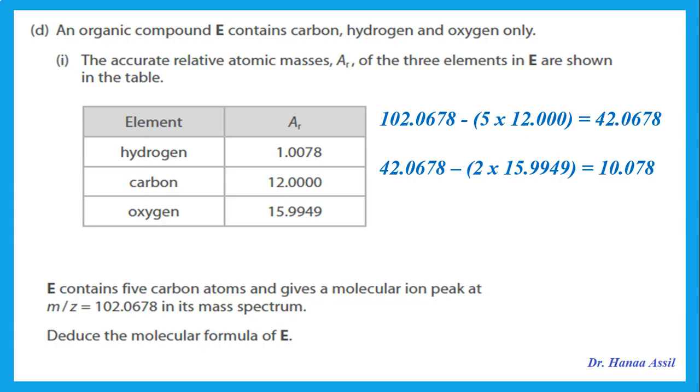So most probably there are 2 oxygens, so that I'm left with 10. Now the 10 divided by the atomic mass of hydrogen means I have 10 hydrogens, and that means my formula is C5H10O2.